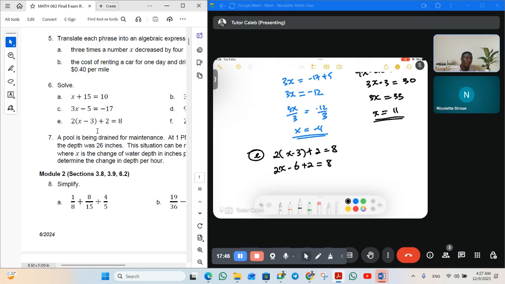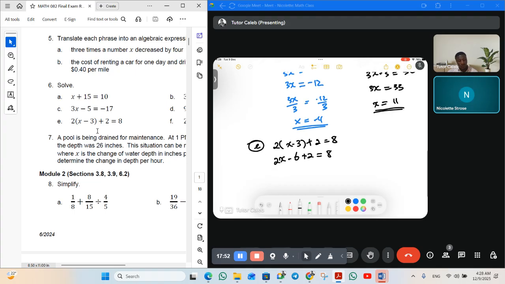Yes. So on this side, you can compute this. I can put together minus 6 plus 2. Yes.